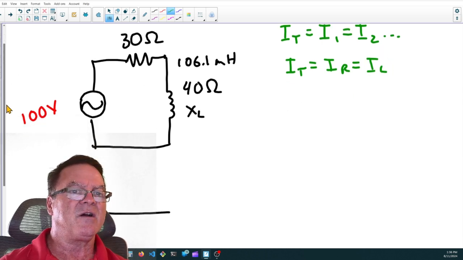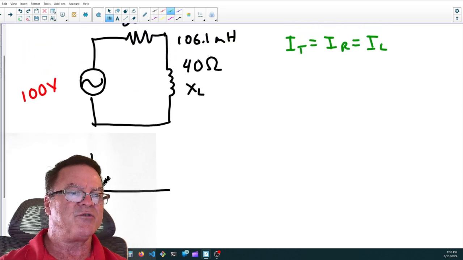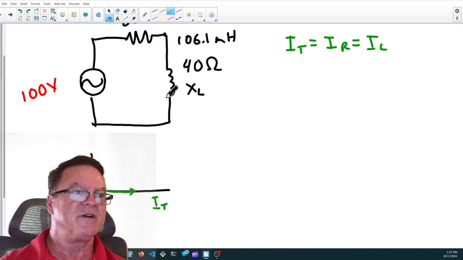IT equals IR equals IL. So the current vector, when we draw it, is going to be on the x-axis. There's my current vector representing the total current. It also represents the current through the resistor and the current through the inductor because it's a series circuit.